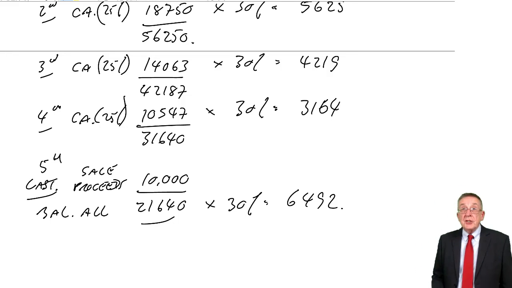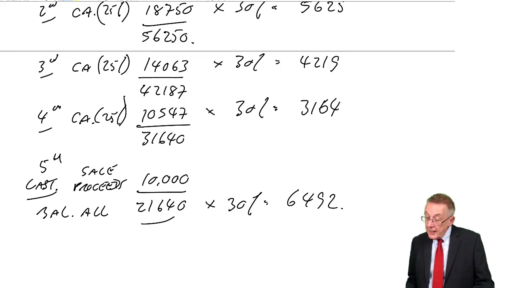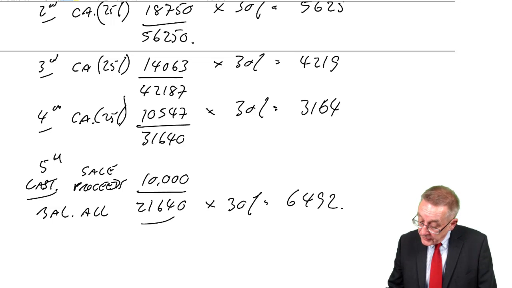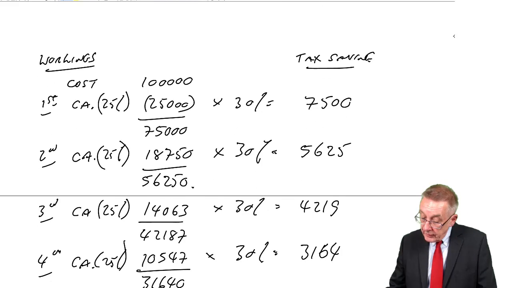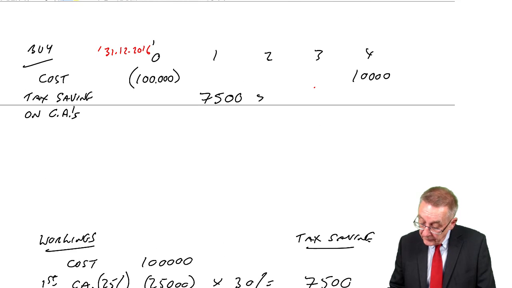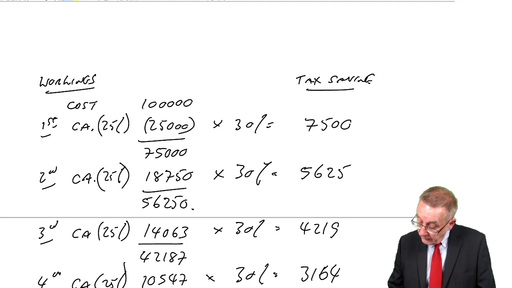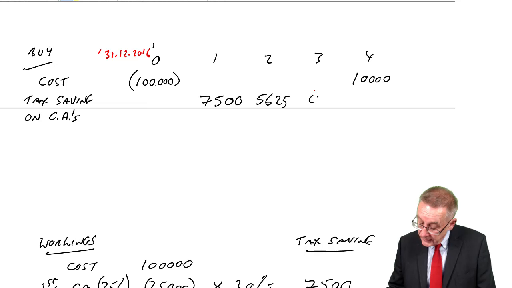Let's stick those in the schedule, and then we're almost there. The tax savings, 7,500, 5,625 times 2, 4,219, 3,164.